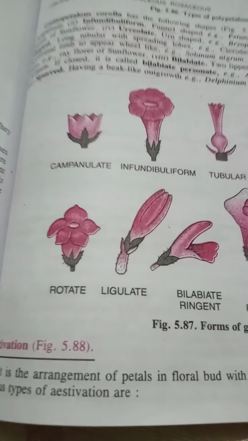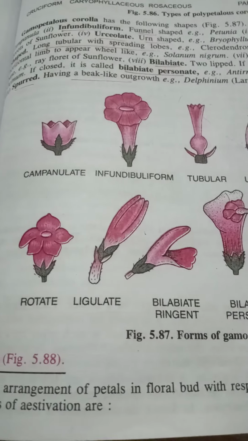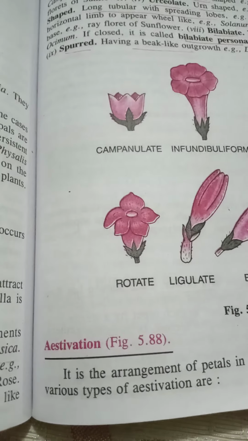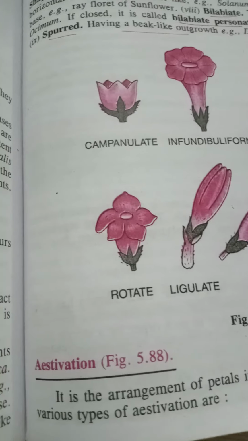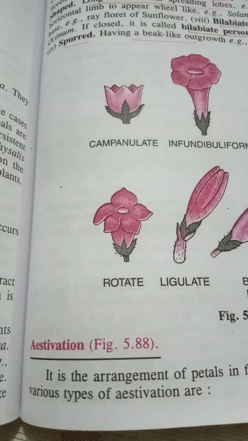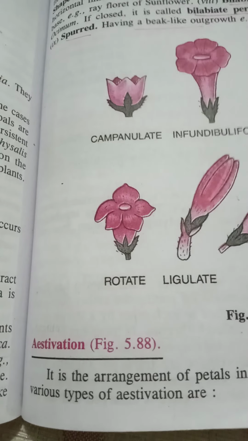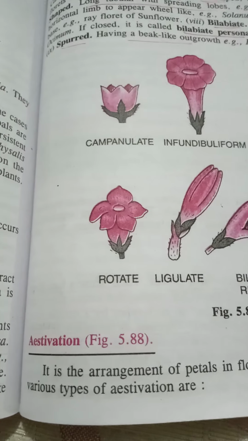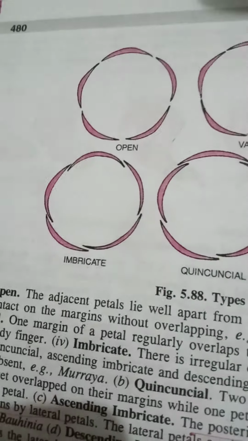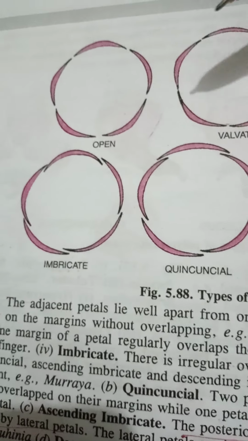Now when we are talking about the petals, next we come to the term estivation. Estivation means the arrangement of petals in the floral bud. In the floral axis, how they are arranged, that particular phenomenon is known as estivation. Now there are different types of estivation.